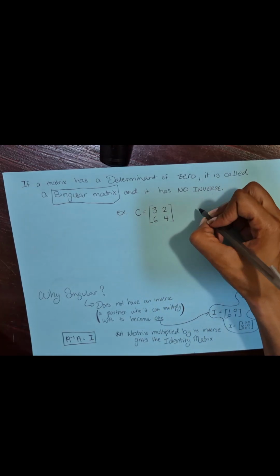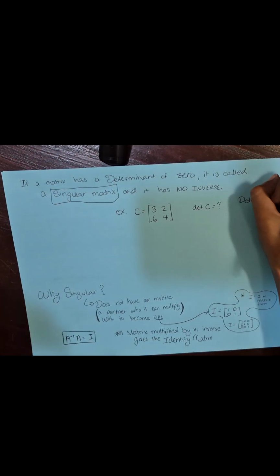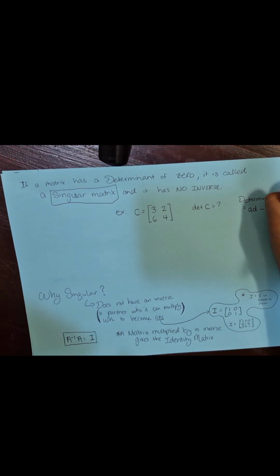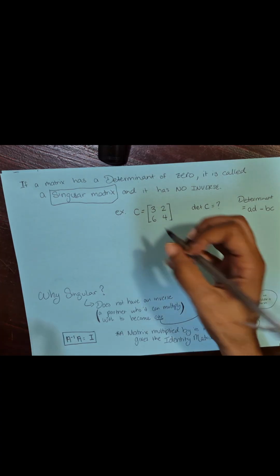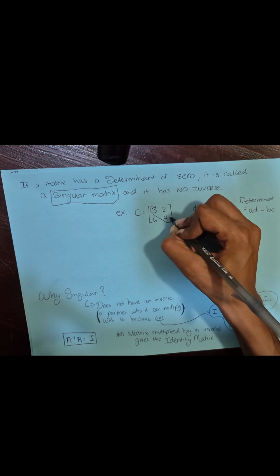That means if I try to find the determinant of C, it should actually be 0 if it's a singular matrix. So let's check how you find the determinant. Remember, determinant is equal to AD minus BC. That's our leading diagonal minus our other diagonal. So our determinant of C is going to be our leading diagonal here.